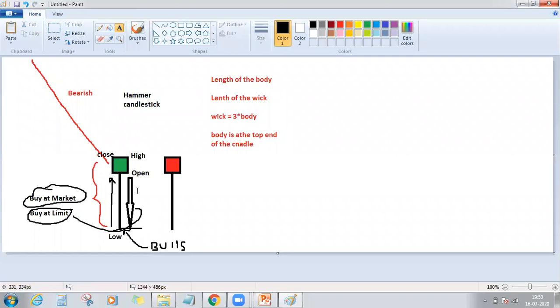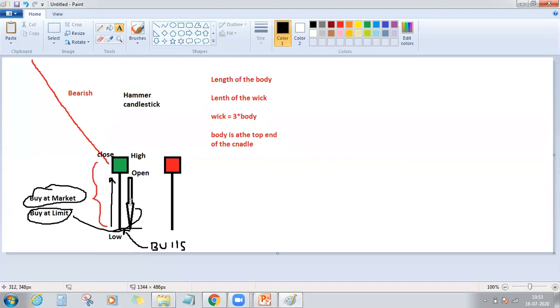Now, the thing that you have to focus upon here is the length of the lower shadow. This is the kind of rejection we saw from the bottom. So in the eye of supply and demand, below this open price, there is a huge demand for the stock. Because of that huge demand, people were ready to buy at market prices.